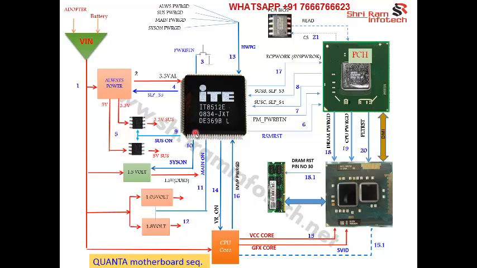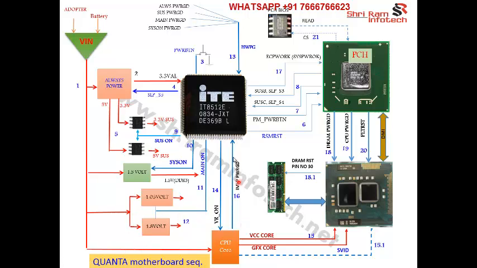At step number 10, the next signal is called SYS on. SYS on means system on. When it generates the SYS on signal, 1.5 volt will be generated, given to the DDR3 RAM, the PCH, and the processor also. And at step number 11, the next signal is called main on.